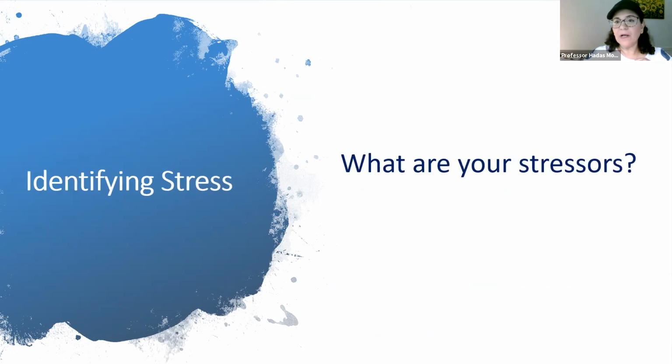As we mentioned, stressors can be external, like job demands, family demands, traffic, finances, overcommitment in general, or they could be internal, like self-doubt, the pressure to succeed, fear, fear of change, and sometimes physical issues can also cause internal stressors as well.